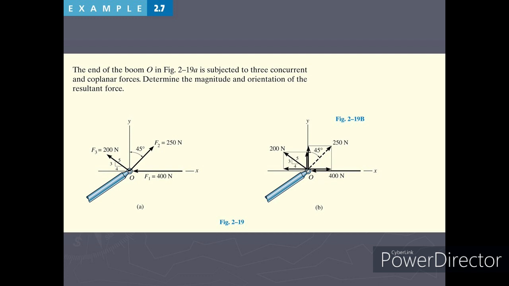No, in Cartesian vector form. So just tell me the expression for F2. For F2, it will be what? 250 cos 45.